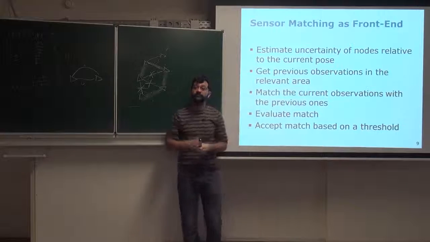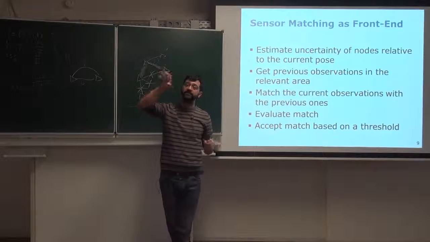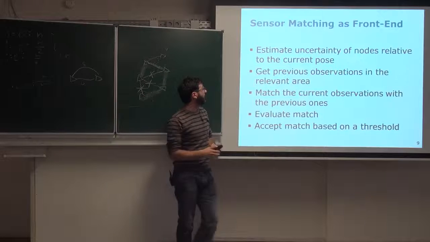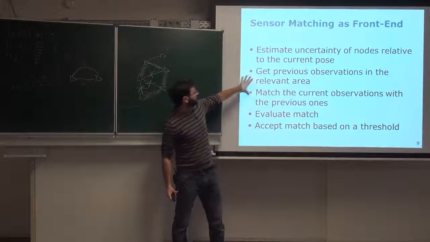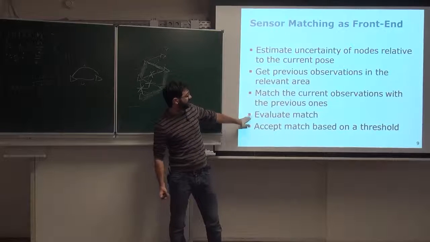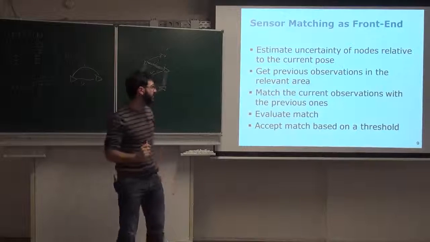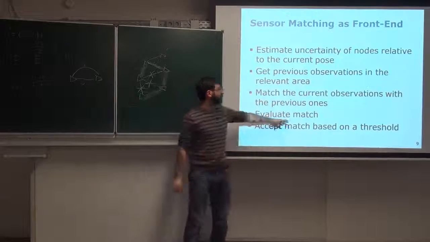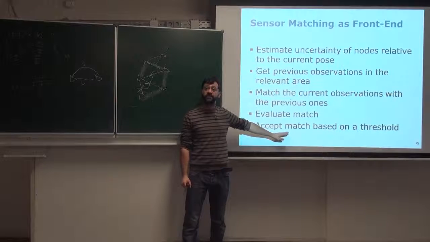So we don't want to just have the transformation between these two nodes, but we also want to have an idea of how uncertain this transformation is. And this part here is just saying that we take the data, we match them somehow, and we get a transformation. And then we want to evaluate how good the match is.